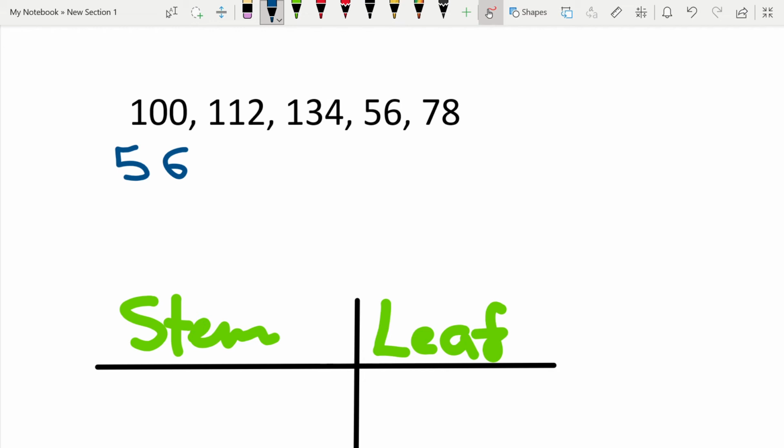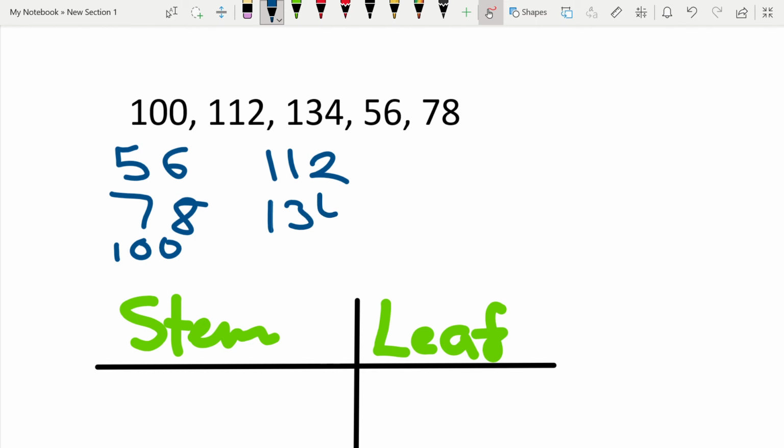Then we've got 78 between 70 to 80. Then we've got nothing between 80 to 90, 90 to 100. But then we have 100 to 110, which is going to be 100. Then 110 to 120, we've got 112. 120 to 130, none, 130 to 140, yes, 134. That's basically it. We've got all our numbers.